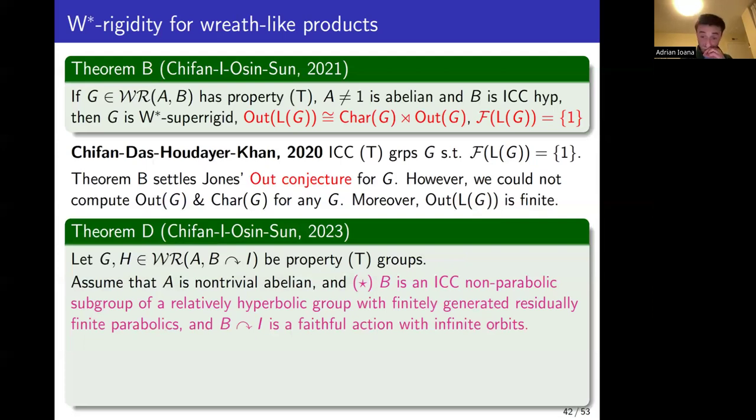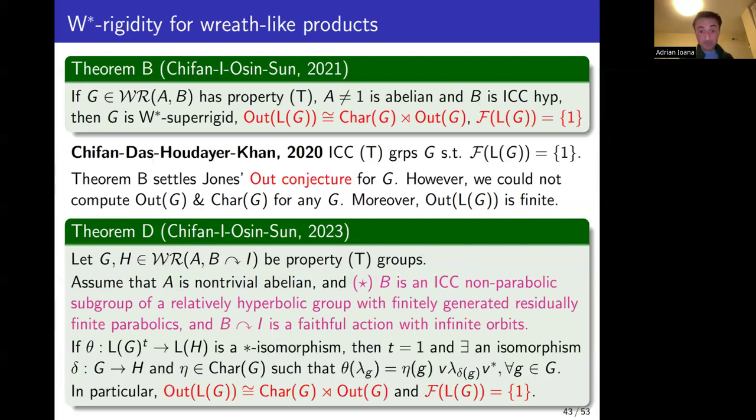So under these very general conditions, we can prove that any isomorphism between an amplification of L(G) and L(H) must come in the way conjectured by Popa. So if you have an isomorphism between L(G)^t and L(H), then this forces t to be 1, and the isomorphism comes from a group isomorphism and a character of the groups.